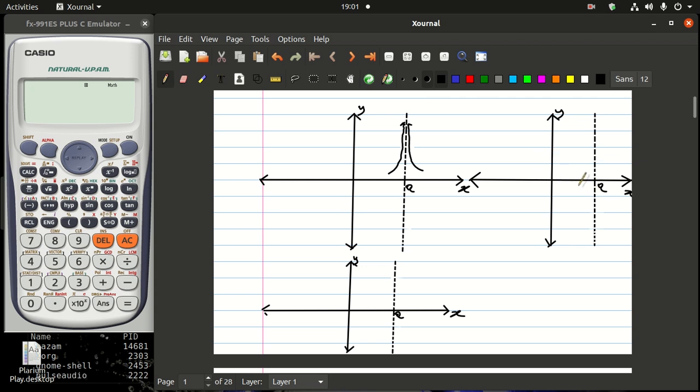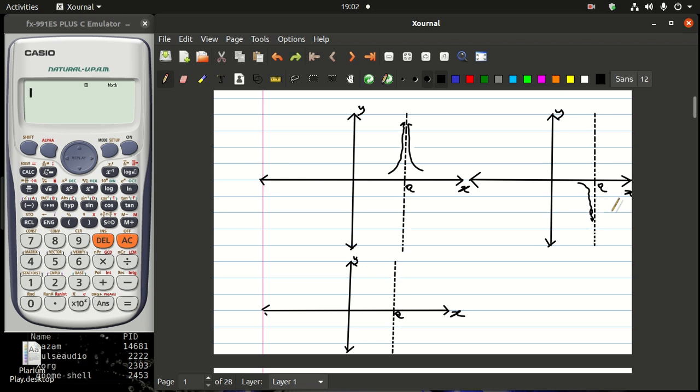Or the function will be getting closer and closer on the left of a, but never getting to a, and going all the way down.